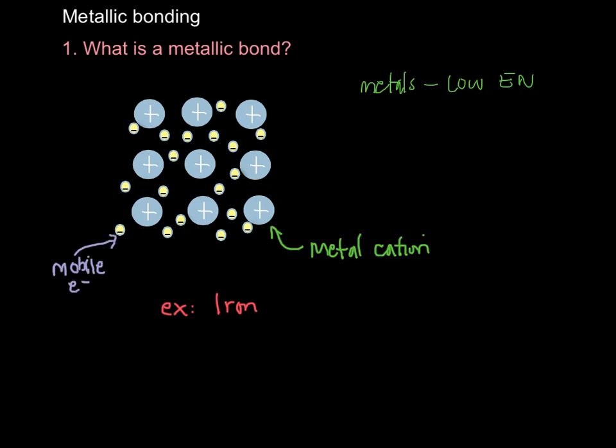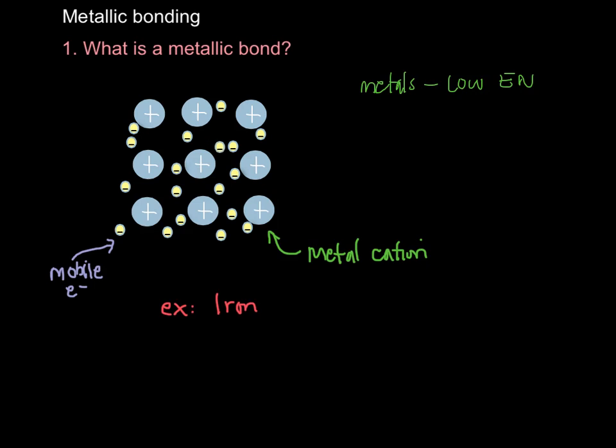What I mean is that those electrons are capable of moving around in the spaces between the metal cations, and they're not held to any particular atom or ion any longer inside that chunk. It's hard to draw, but you'll see people draw arrows to show that those electrons are moving.